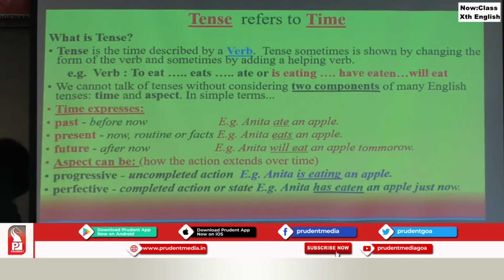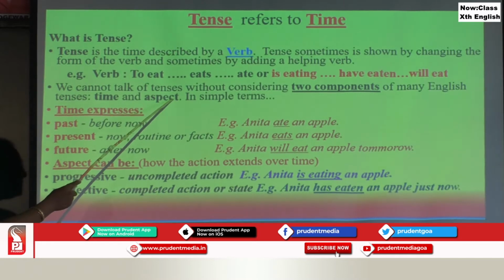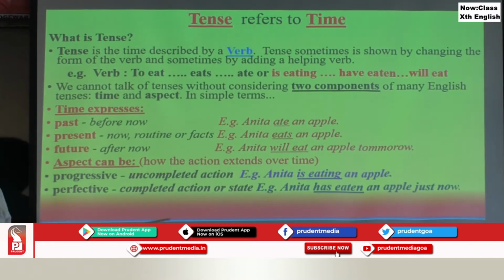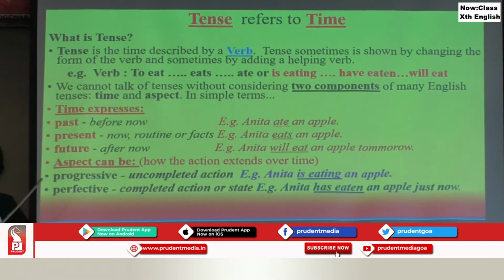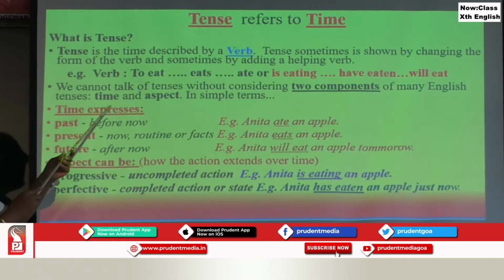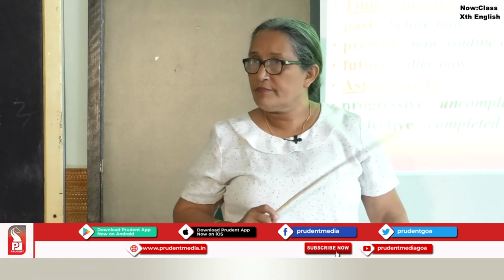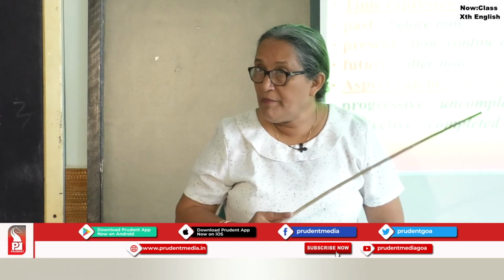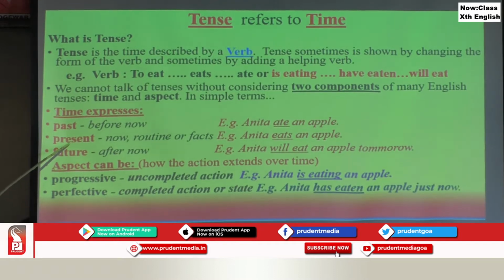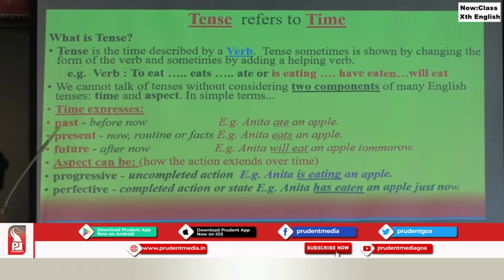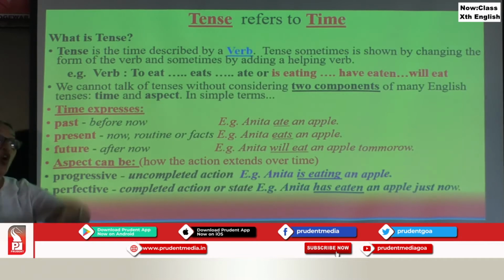Now, we cannot talk of tenses until and unless we understand the two components of the English tense, that is time and aspect. By time, I mean past, present, future. Past is before now.